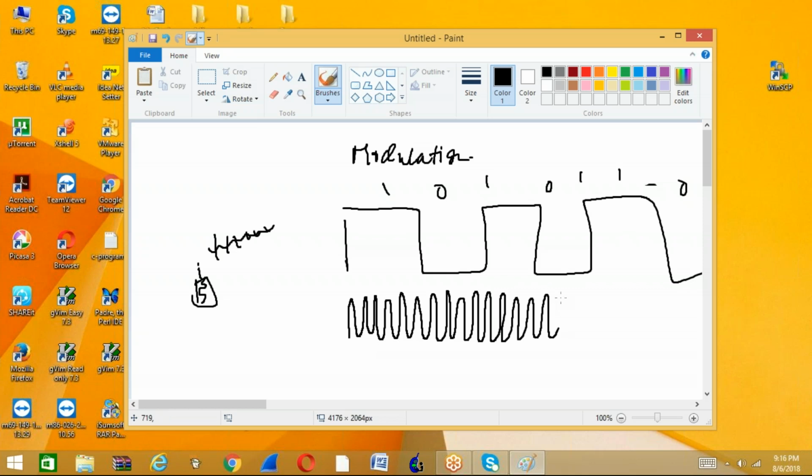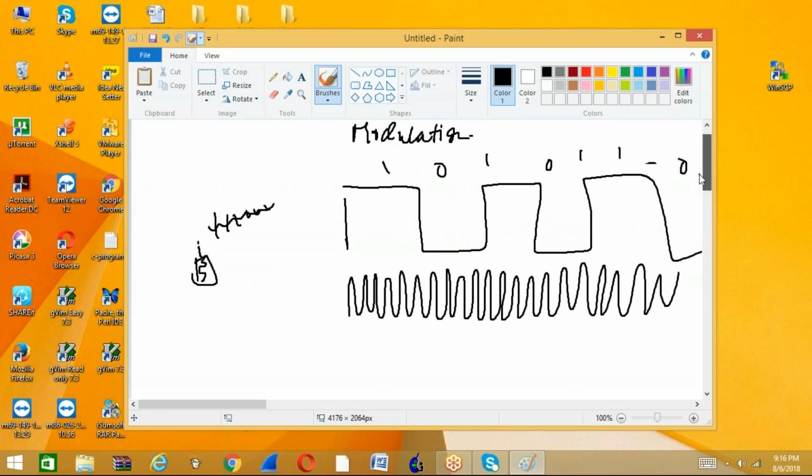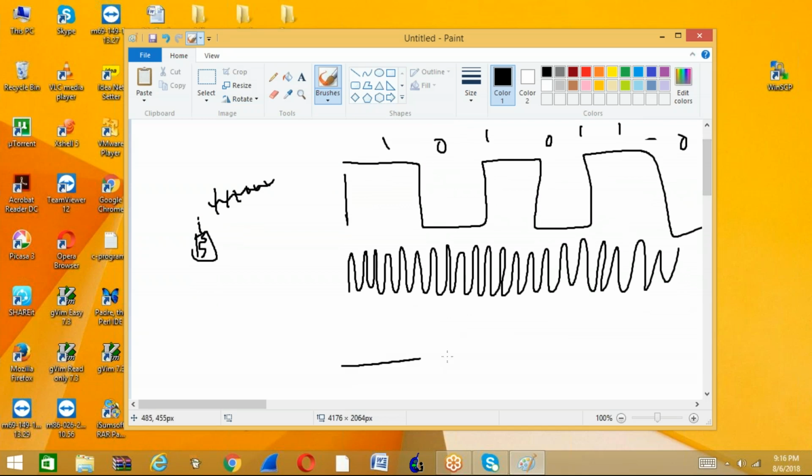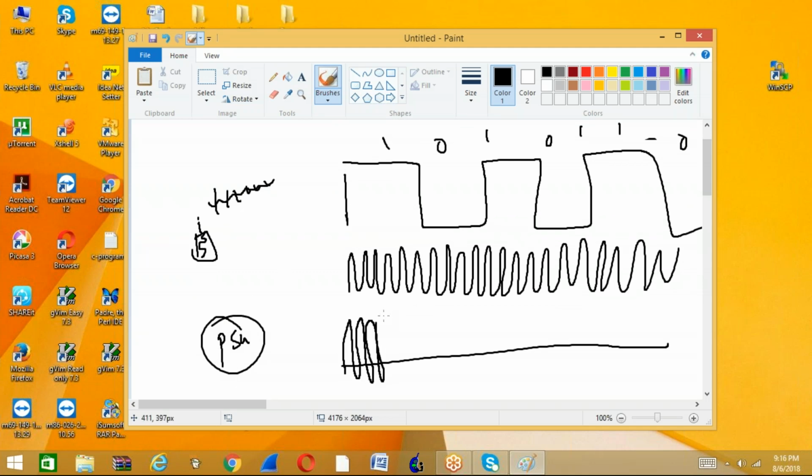For example, if I implement PSK, phase shift keying, then when the data goes from 1 to 0, the phase, meaning the direction, changes.